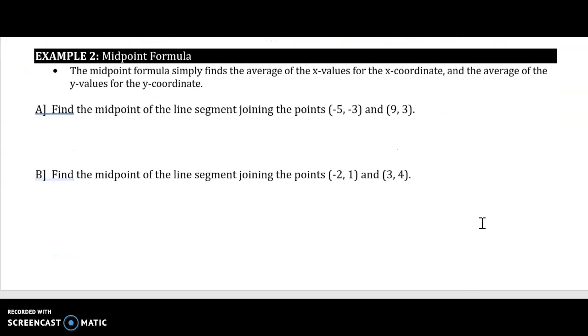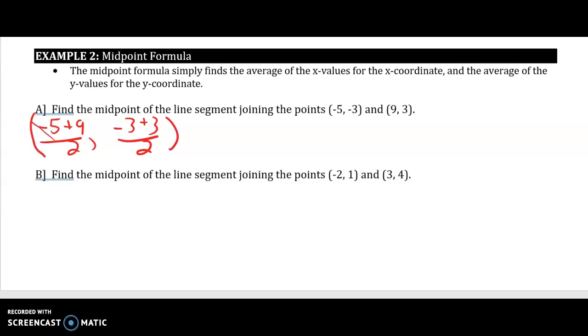Okay. Midpoint formula. With the midpoint formula, we're not finding the distance between the 2 points, but the actual point of where we want to be between those 2 points. So for the x coordinate, we're going to take the x values, add them together, divide by 2. Now we're going to take the y coordinates, add them together, divide by 2.